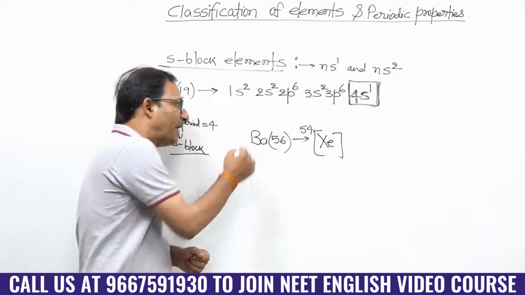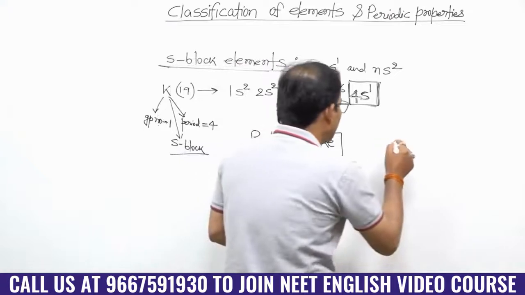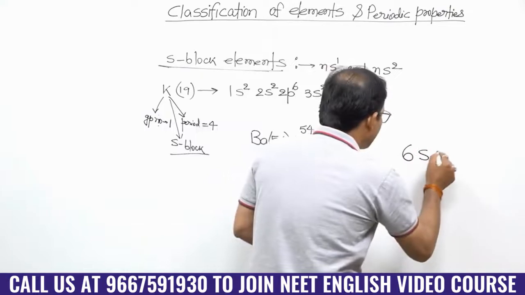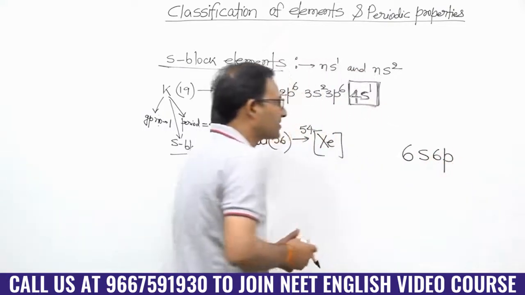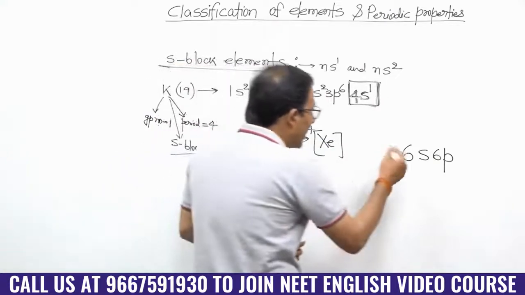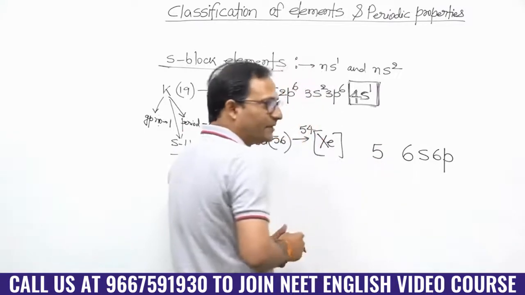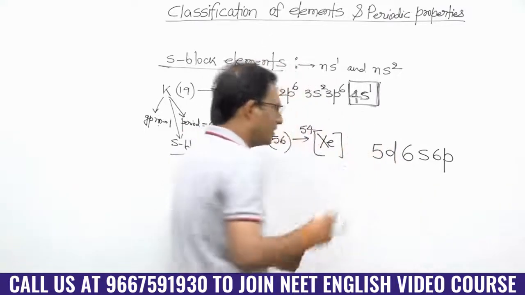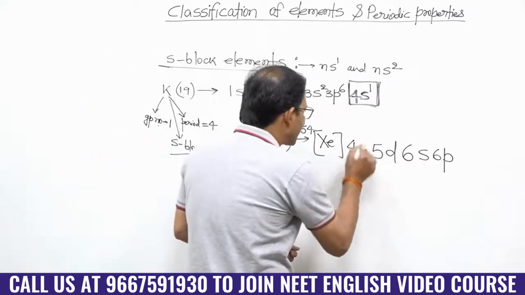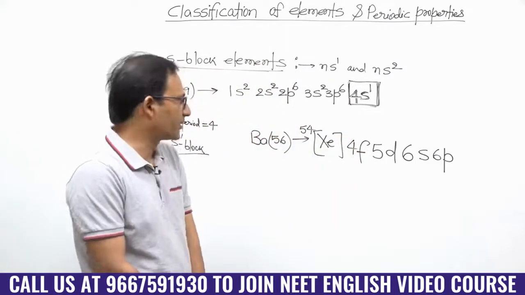That means barium must be in the sixth period, and therefore here the outermost shell will be 6, in which maximum 6s and 6p subshells may get electrons. Now, since the outermost shell is 6, the penultimate shell will be 5, in which d subshell may get electrons, and the antepenultimate shell here will be 4, in which f subshell may get electrons.